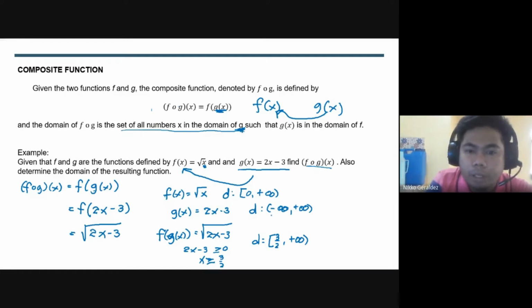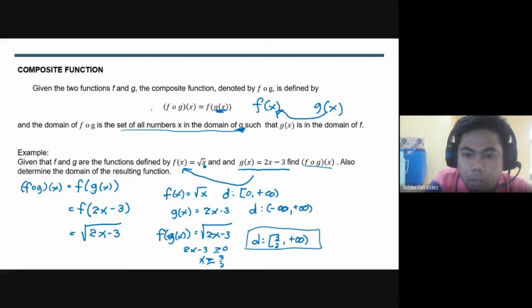Yung domain ng g natin is negative infinity to positive infinity. Kaya lang, ang resulting function natin is square root of 2x minus 3. So, domain is 3 over 2 to positive infinity. Ito yung domain niya.